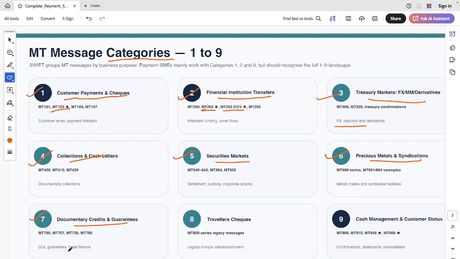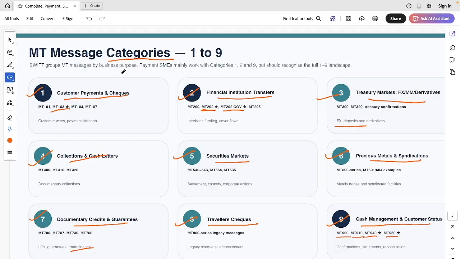This is used heavily in trade finance. Category 8 is for traveller's cheques. This is more legacy in nature. And category 9 is cash management and customer status. This includes mostly MT900, MT910, 940, and 950.